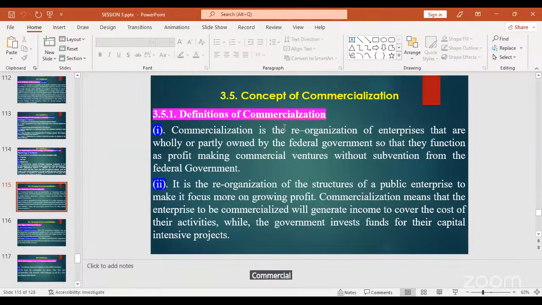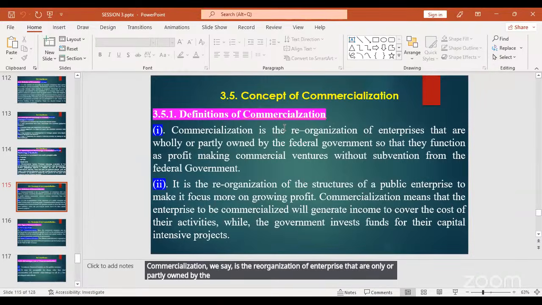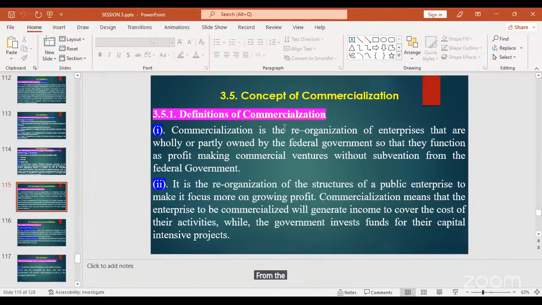Commercialization, we say, is the reorganization of enterprises that are wholly or partly owned by the federal government so that they function as profit-making commercial ventures without subvention from the federal government. That is, government has been saying, monthly, we'll be supporting this ministry with 1 billion.